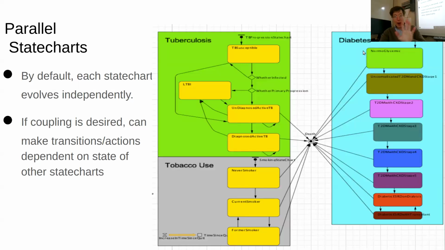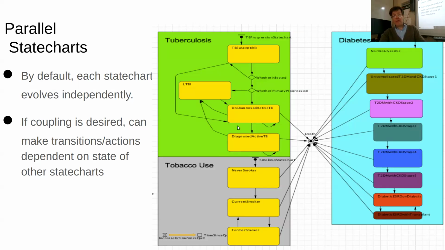And each of them has their own sphere of focus. And the fact that we are characterizing them separately does not imply that they are entirely independent of one another. For example, tobacco use can worsen the risks associated with tuberculosis, and there's some evidence that diabetes can, particularly late-stage diabetes as well. Tobacco use can interact with diabetes.